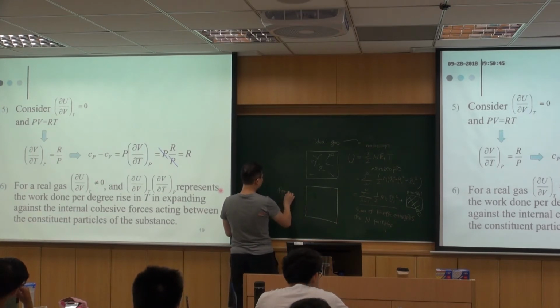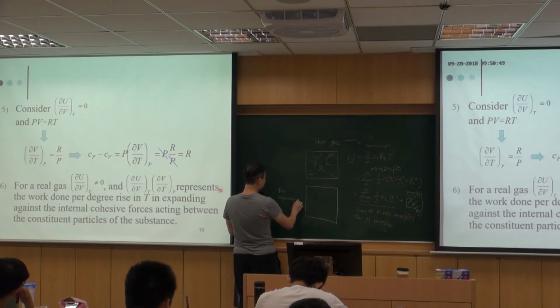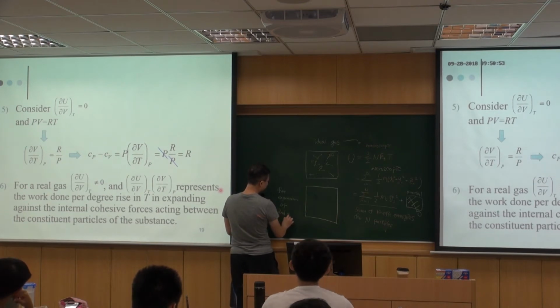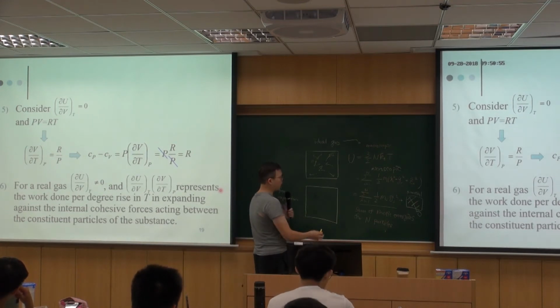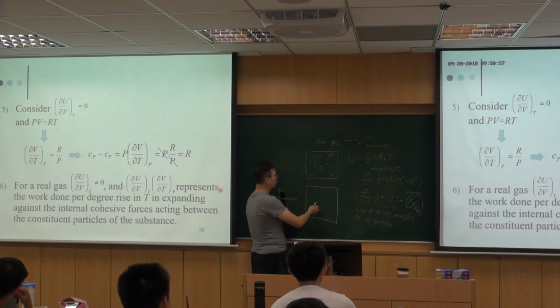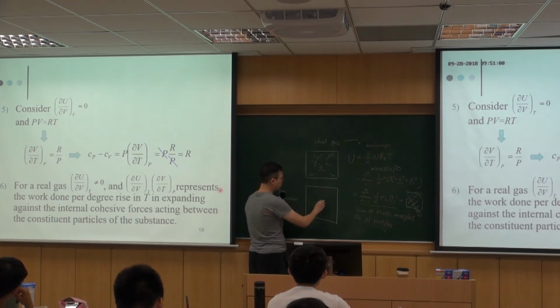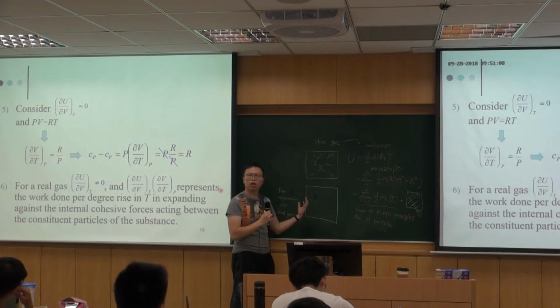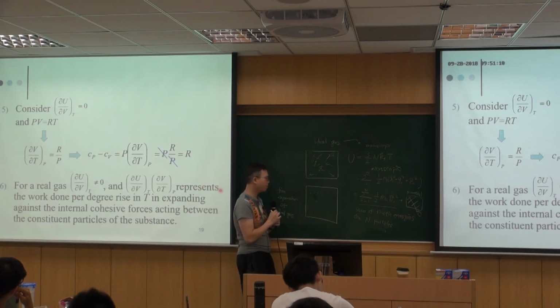For instance, the free expansion of an ideal gas. So imagine that you have a box, and originally, there's some type of wall that keeps all the particles on the left-hand side of this container.